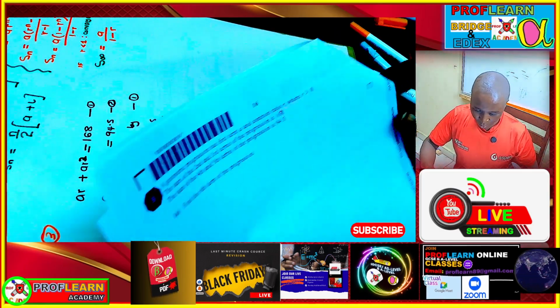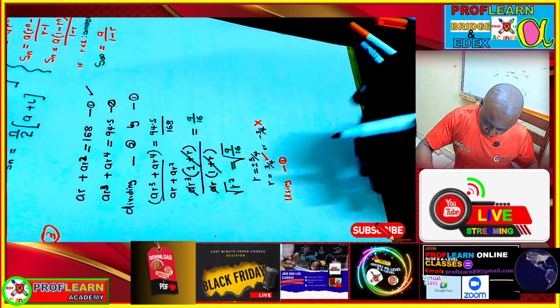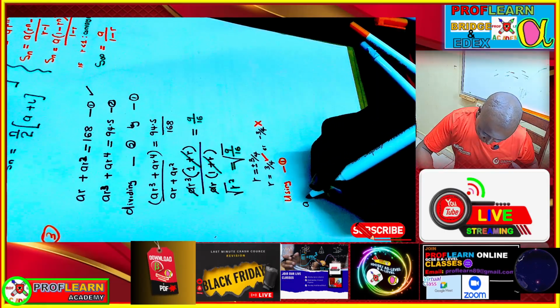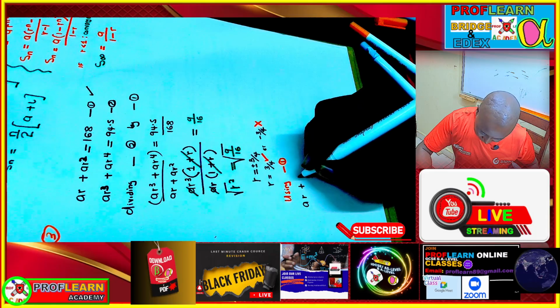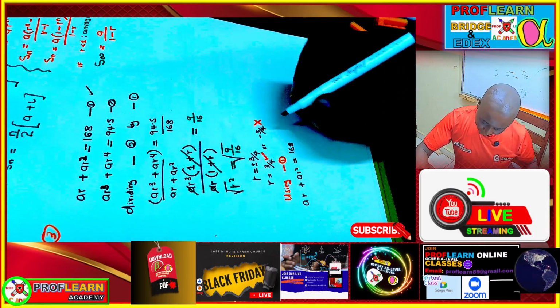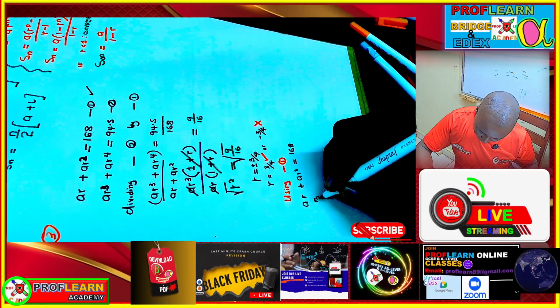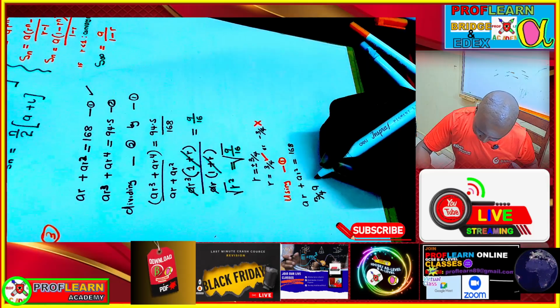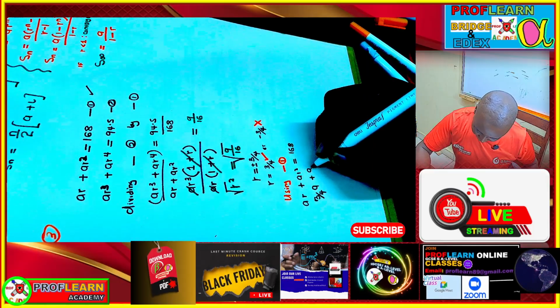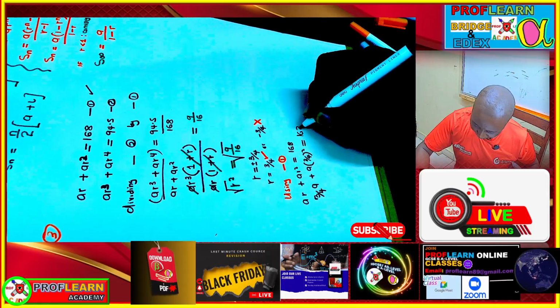AR plus AR squared is equal to 168, but our R is 3 over 4, so it is going to be 3 over 4 A plus A into 3 over 4 squared is equal to 168.